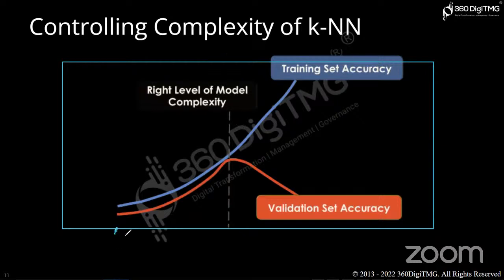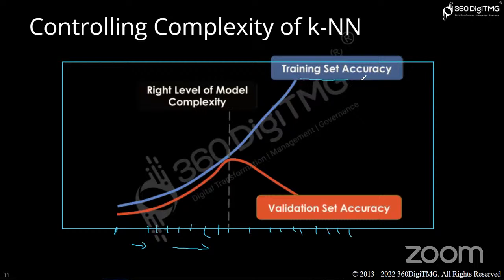Okay, so here we are having different values of k. What happens if we take a very high value of k?